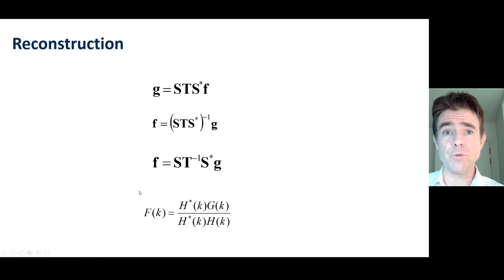That would be equivalent to doing the following in practice: find the spectrum G of your back-projected or convolved image, and divide that by the spectrum of the point spread function, or the point impulse response function. And what I've done here is multiply top and bottom by the conjugate of H, because that gives us a purely real number in the denominator, which helps with this complex division. That gives us the spectrum of the true object, which we can then inverse Fourier transform.